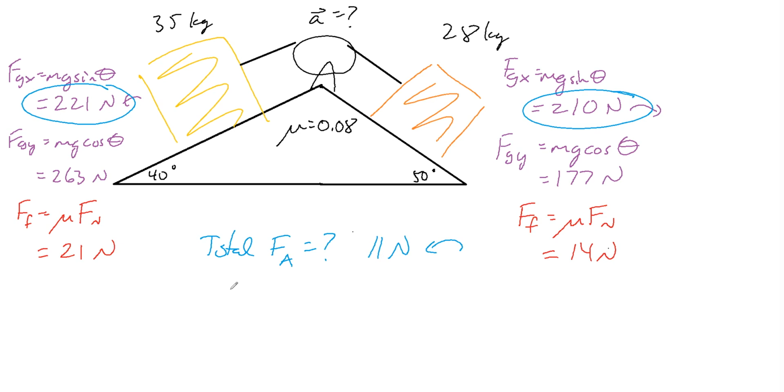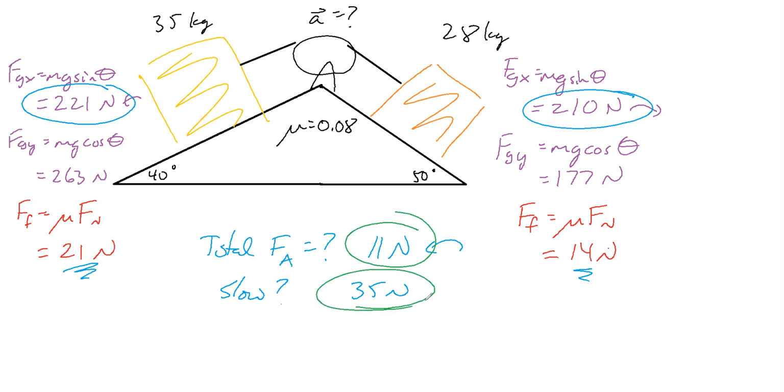So then I like to ask myself how much is trying to slow it down, and that'd be my frictions. And of course, both frictions are working together in order to try and stop the system. So how much friction do I have altogether? Well, I've got 21 newtons of friction over there. I've got 14 newtons of friction over there, which gives me a total of 35 newtons trying to slow it. Okay, well then if I've only got 11 newtons trying to move it, and friction is going up to 35, I've got way more friction than my total applied force.